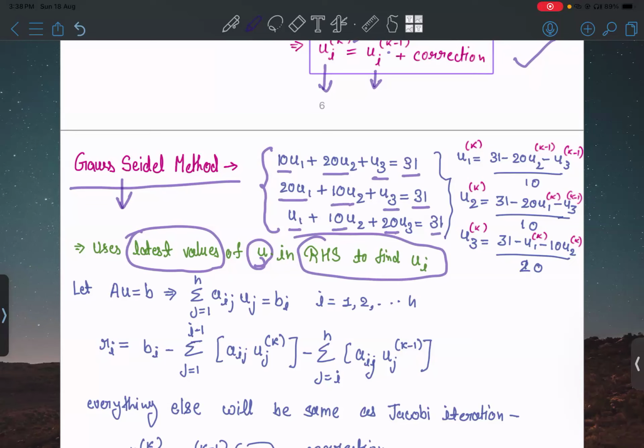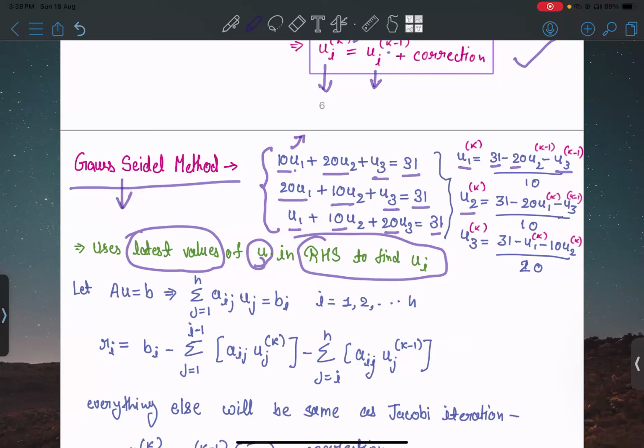Okay, so I assume first equation is for my u1 variable, second equation is for u2 variable, third equation is for u3 variable, like that. So I write u1 will be equal to 31 minus 20 u2 minus u3 divided by 10.